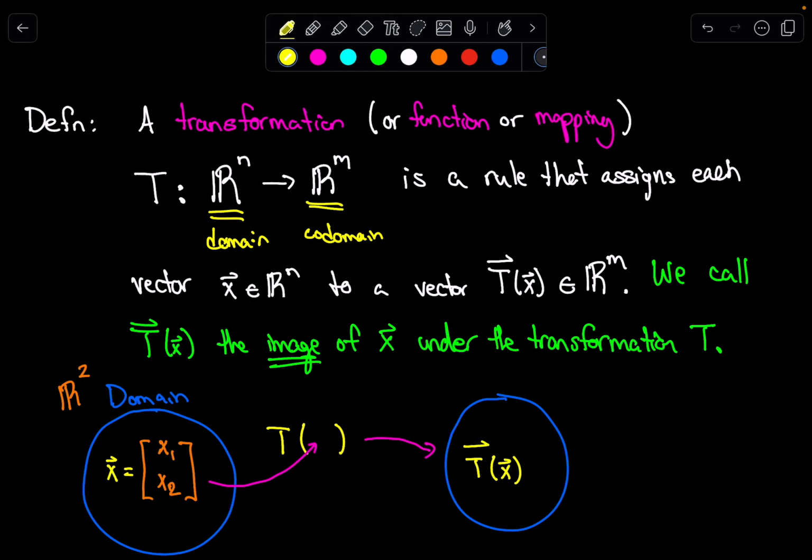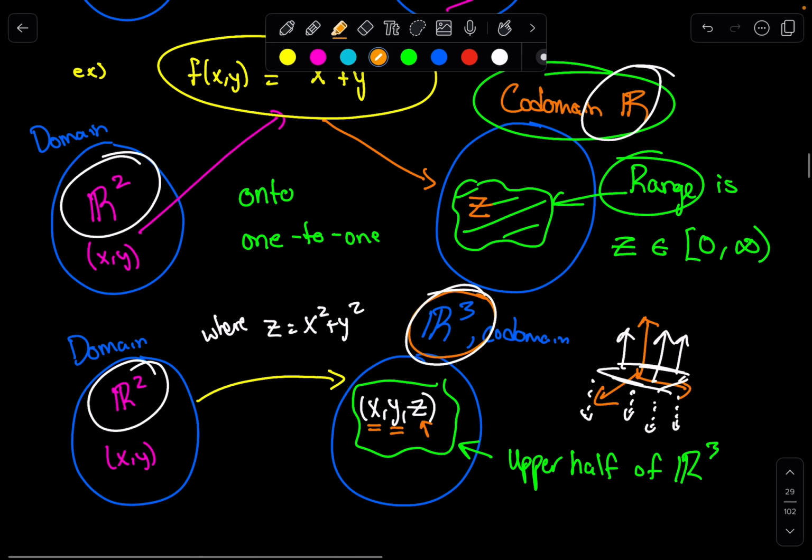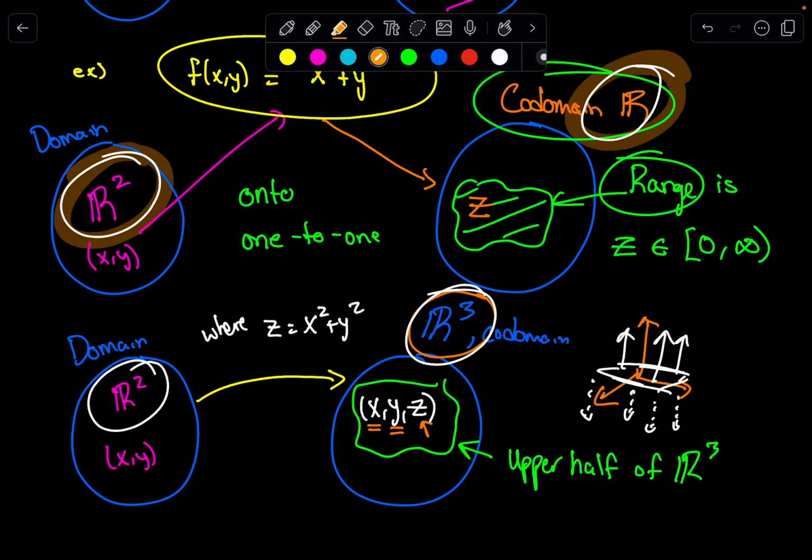And I put an arrow over here to indicate the vector. The reason why I don't have one on T is because T is a transformation. It's like the name of the transformation. But right here, after we've completed this, this is now a new vector. And what dimension is it? Well, it depends on where we're mapping it to. In the examples I gave earlier, we could start in R2 and end up in R. We could start in R2 and end up in R3.